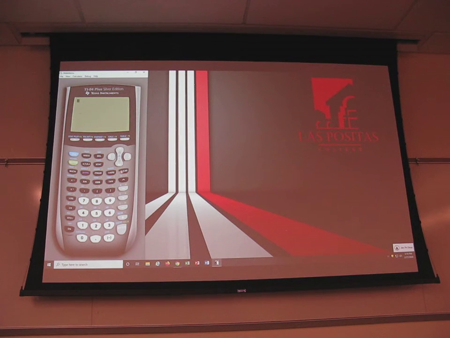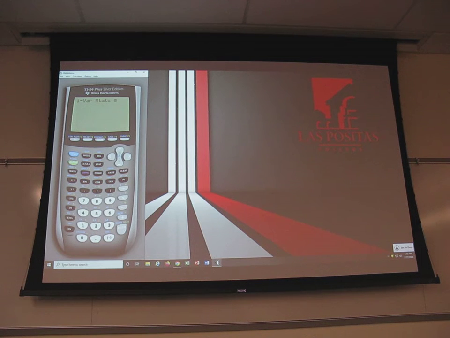Let's do this. Stat, edit, and then you put all the x's in list 1, all of their probabilities in list 2, and then you did stat, calc, right arrow over to calc. 1-bar stats is the one you want, so you either hit 1 or hit enter.